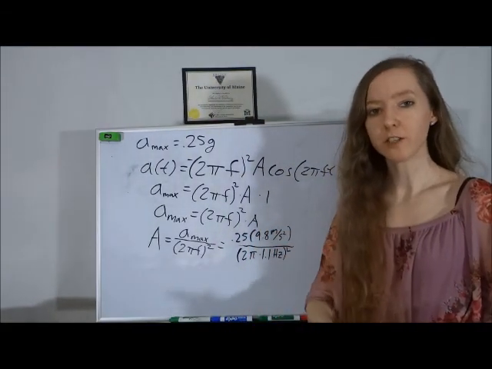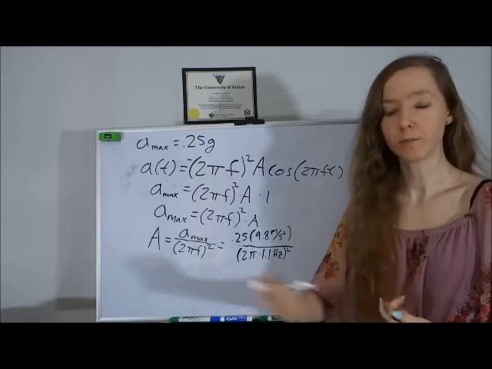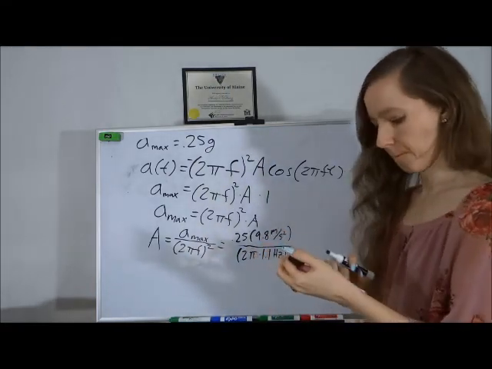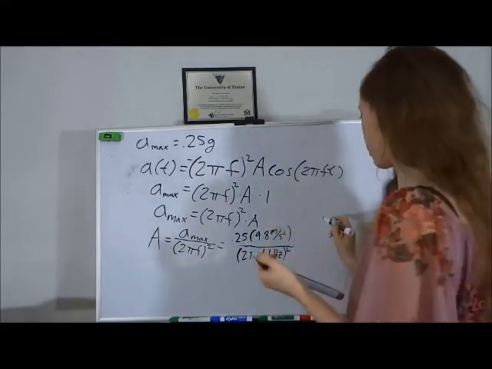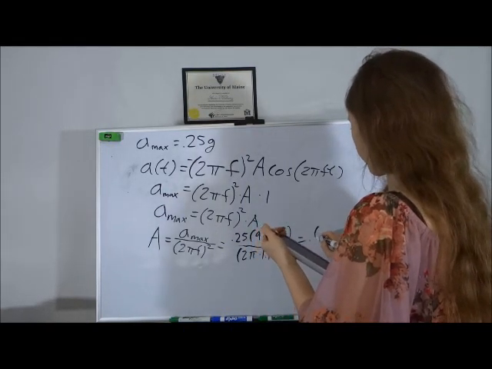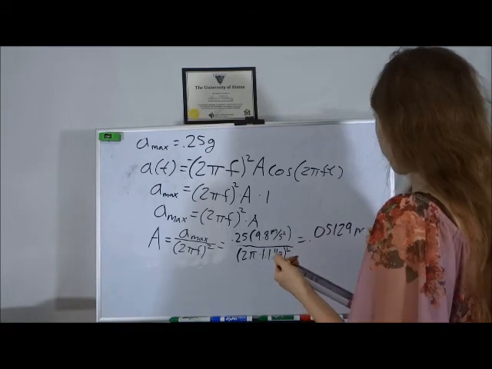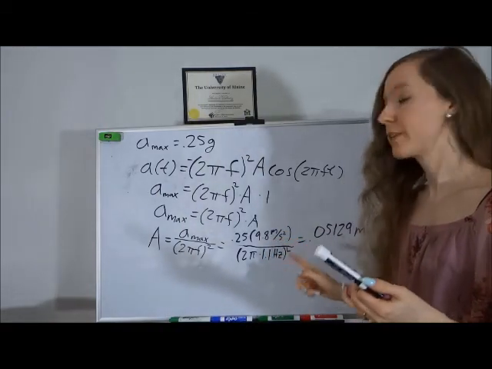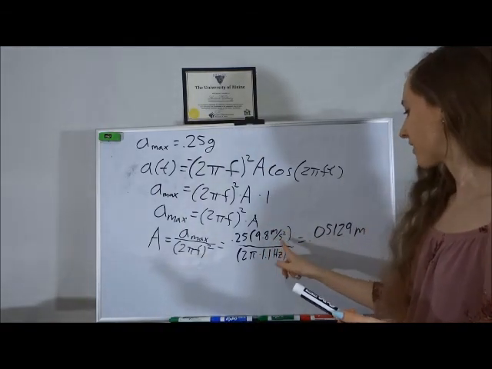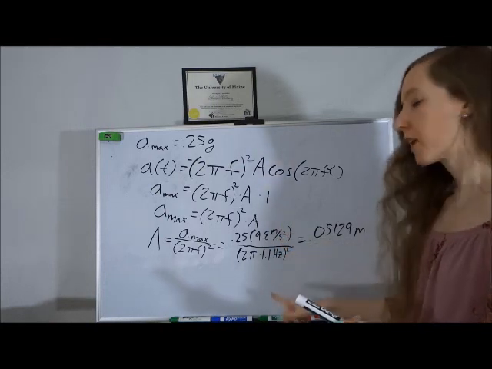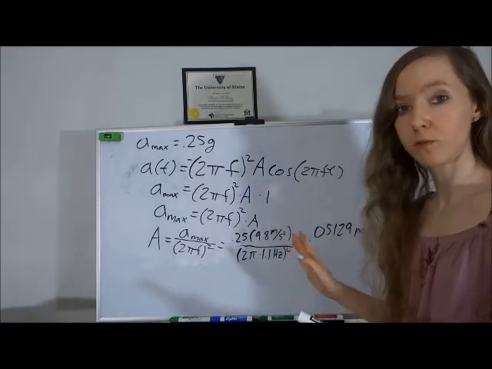So the last thing you have to do is plug this into our calculator, and we get this is equal to about 0.05129 meters. Our units are going to be meters because we have seconds squared in the denominator here, and then hertz, remember that's the same thing as 1 over seconds.